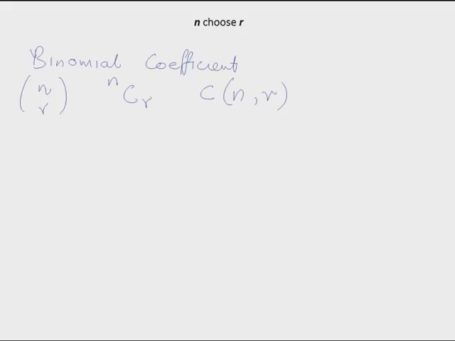In our previous examples, we had calculated 5 choose 2 to be 10 and 5 choose 3 to be 10. Of course, we had actually listed the ways to calculate these answers. We hadn't really figured out a formula yet.